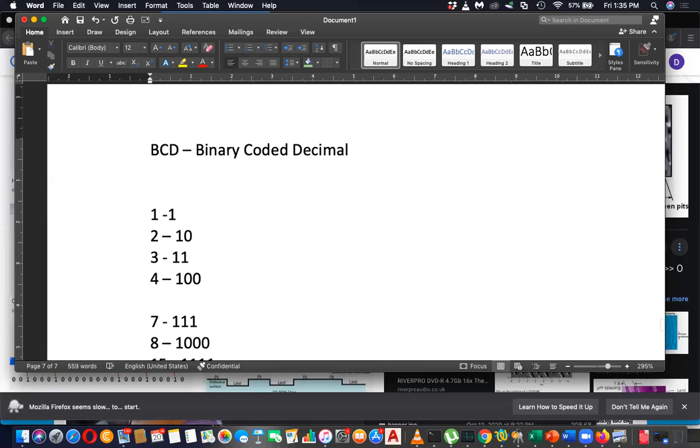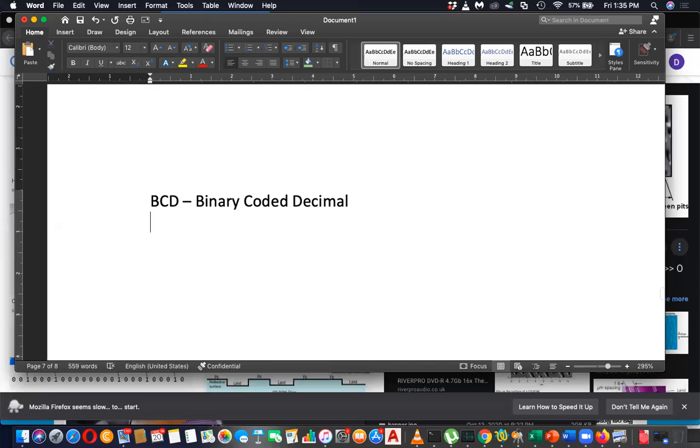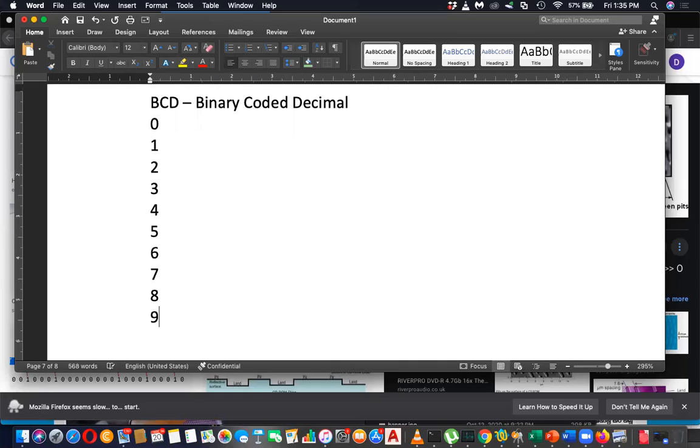What happens in BCD? You have digits from 0 to 9: 0, 1, 2, 3, 4, 5, 6, 7, 8, 9.